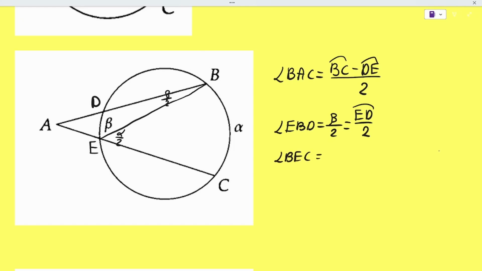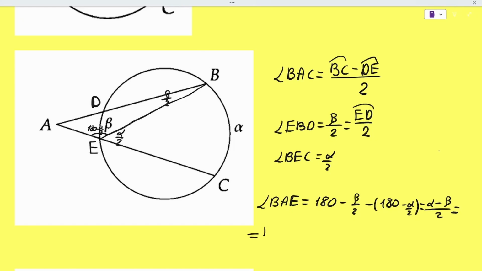And angle BEA will be 180 minus alpha over 2. And if we write the sum of the angles in triangle AEB, angle BAE will become 180 minus beta over 2 minus 180 minus alpha over 2, which can be converted to alpha minus beta over 2, which is exactly BC minus DE arc over 2.